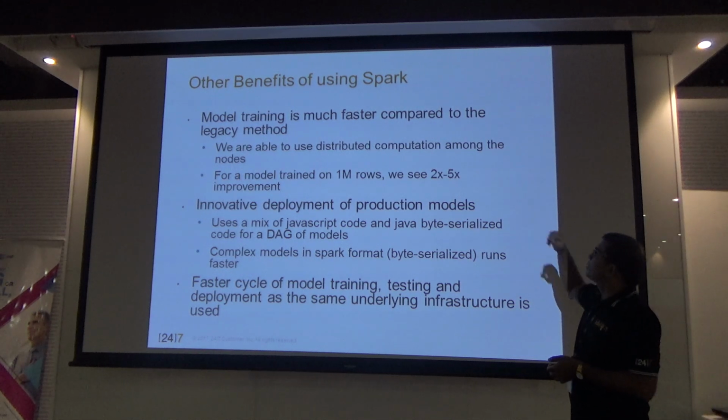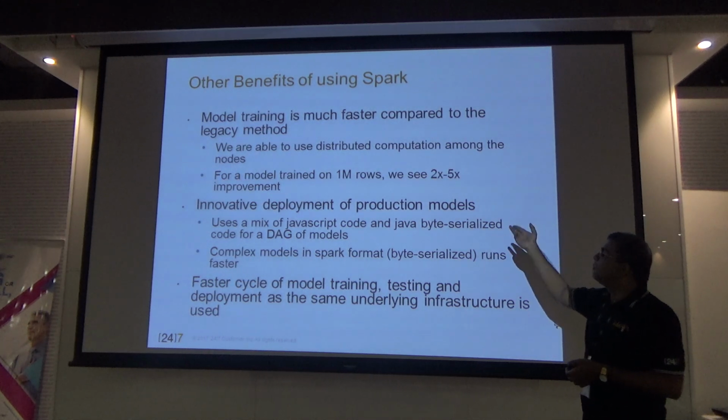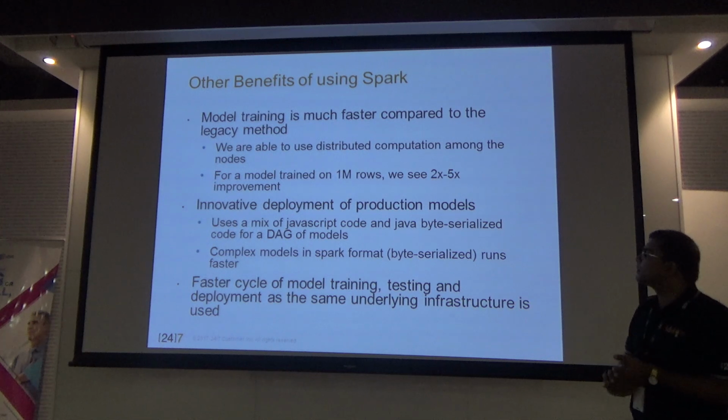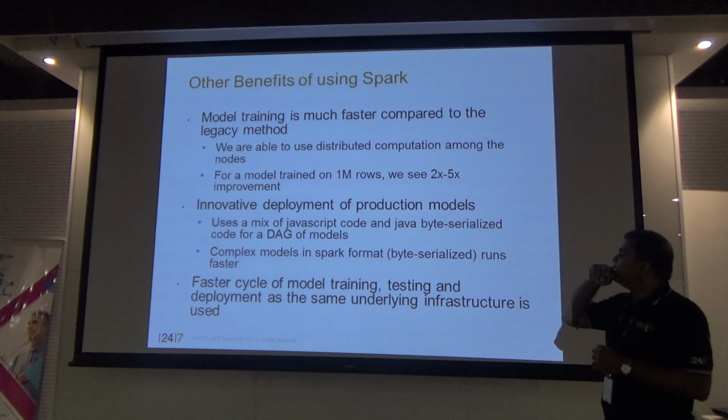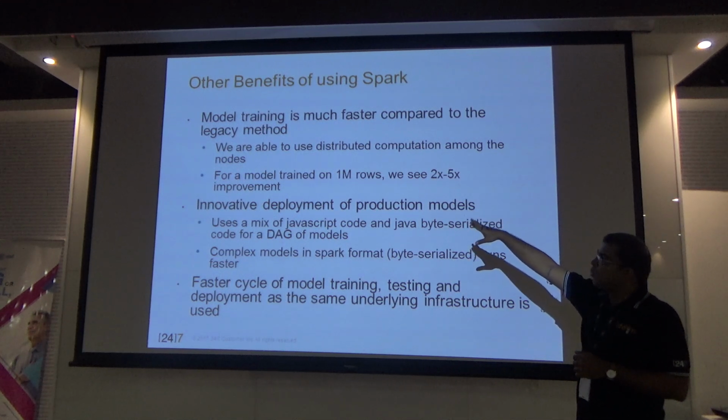We are able to use distributed computation among nodes, and, for example, we recently did a benchmark. We see a speed of around 2x to 5x improvement, and these are on the smaller data sets.